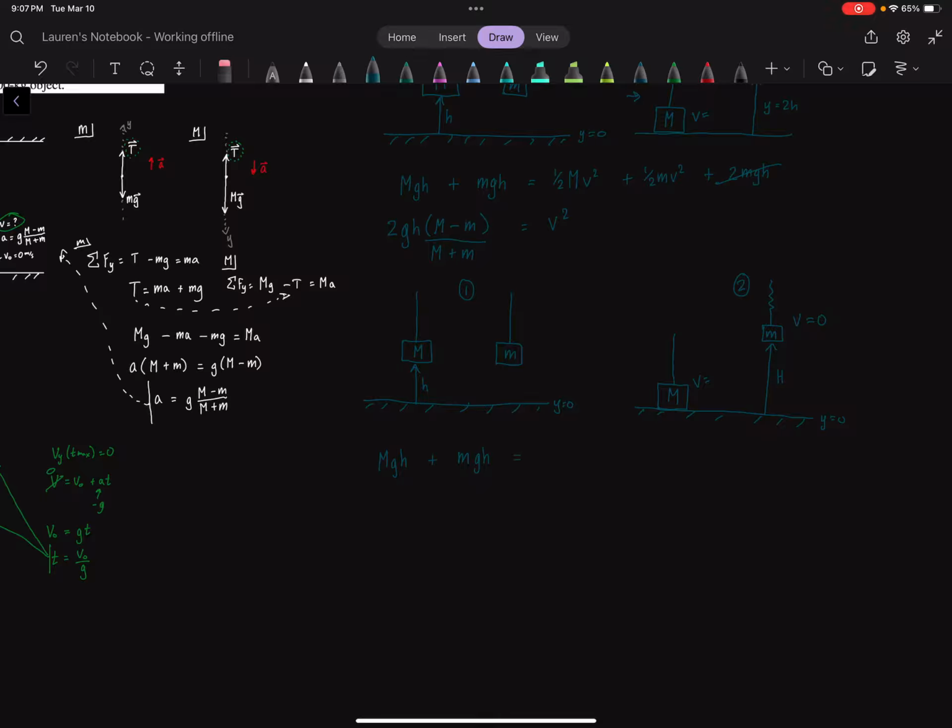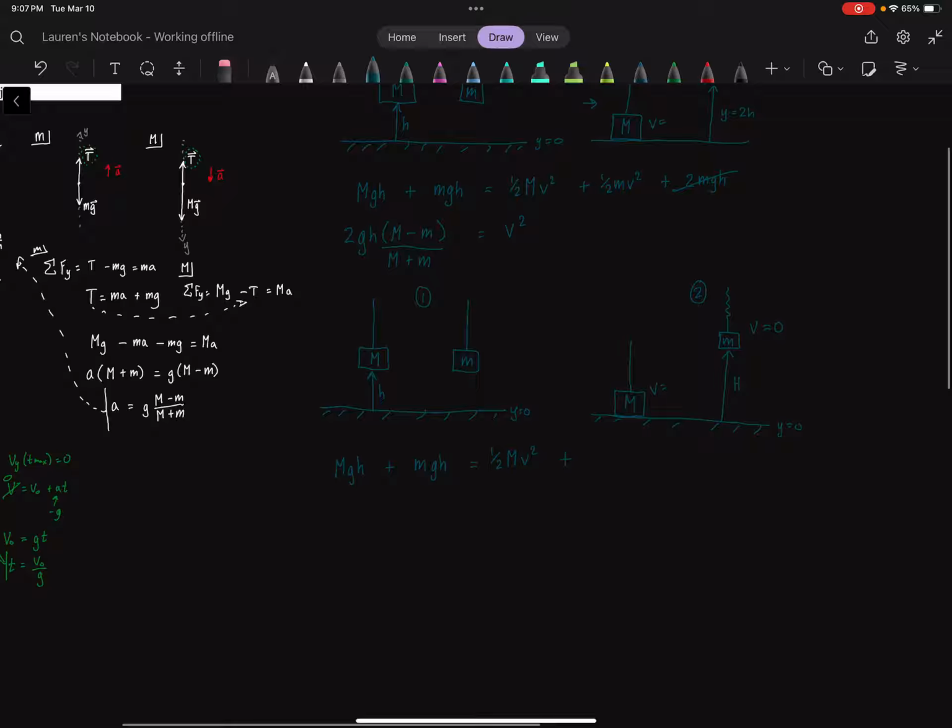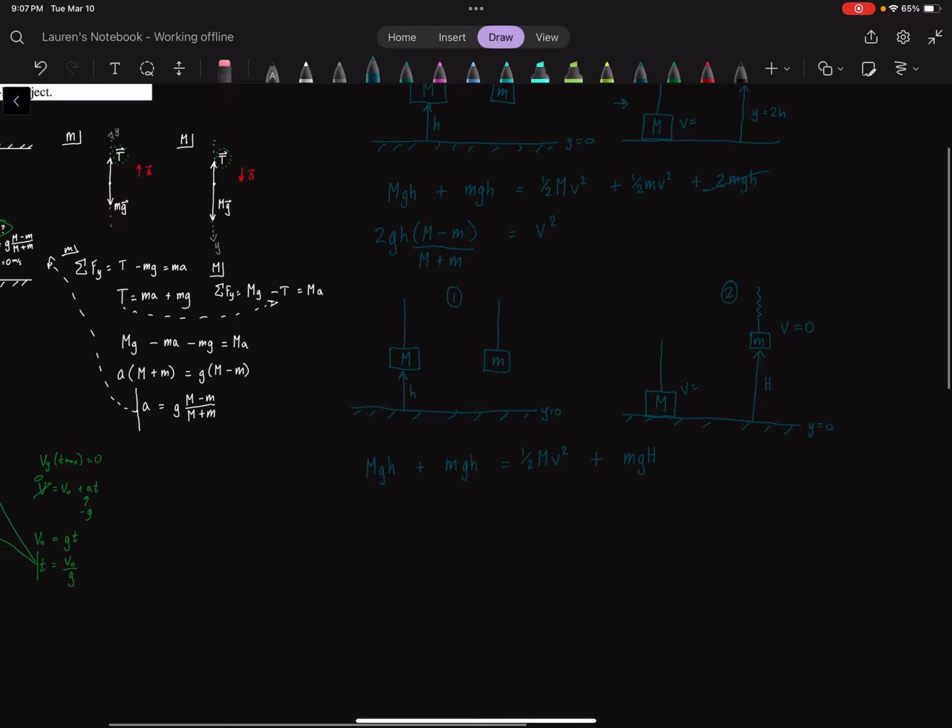And then afterwards, we do have kinetic energy of the big M block, and we have no kinetic energy for the small mass, where it has used up all of its kinetic energy and translated that to gravitational potential energy. So we have little m, g, big H, right? Big M is on the ground, so no gravitational potential energy for it, and little m has gone all the way until it's stopped and reached a maximum height, so no kinetic energy for it.